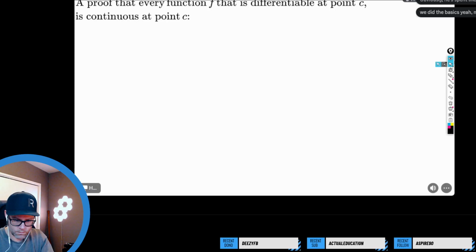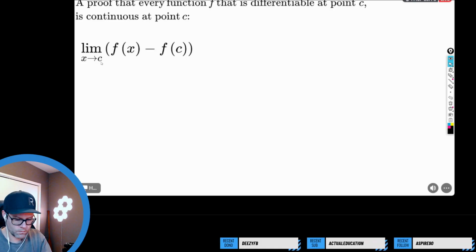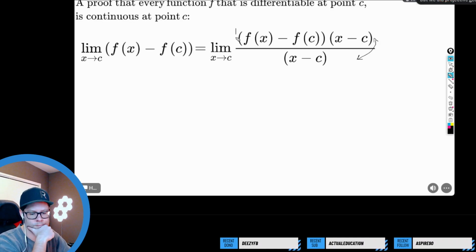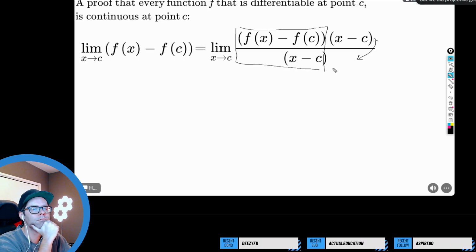Now, we know that every function which is differentiable at c is actually continuous at c, which we can prove by taking this limit, and multiplying and dividing both by x minus c. We can see that this is actually the derivative, and we know that it is differentiable at c.